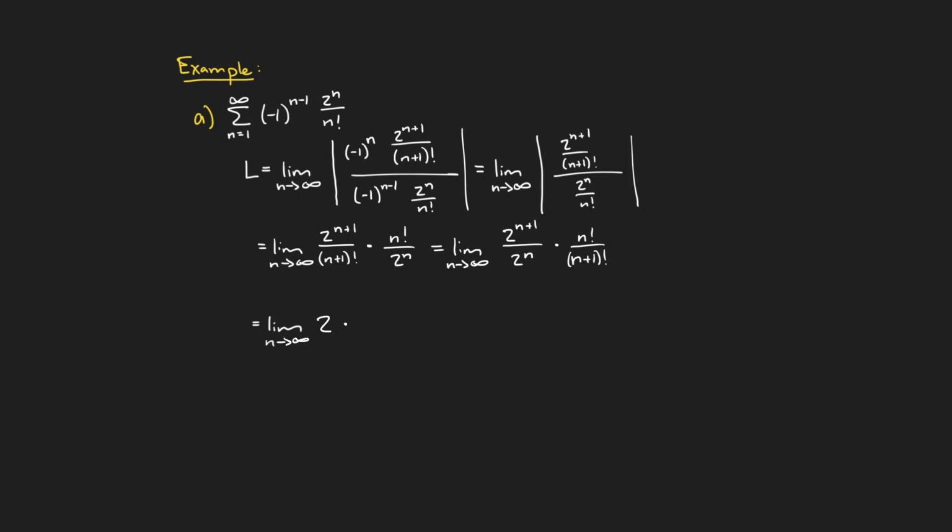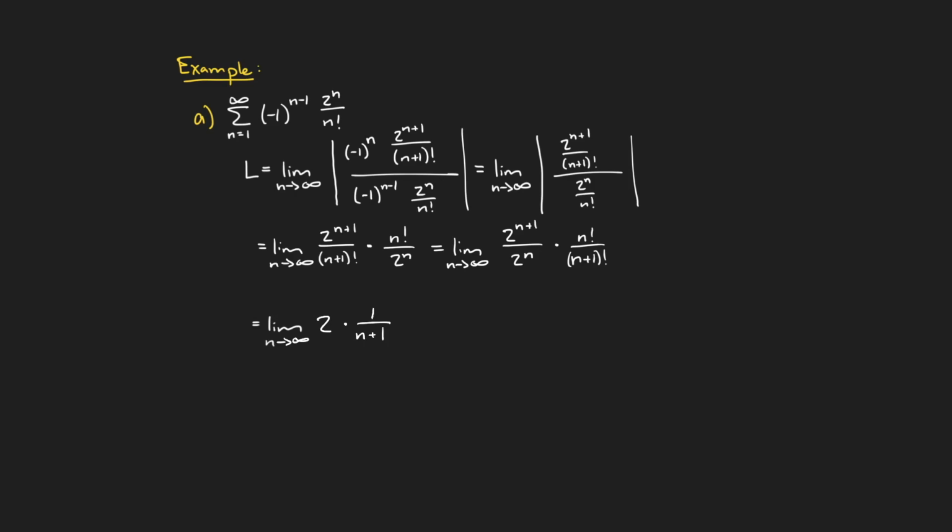And on the bottom, we have (n+1) factorial, which is 1 times 2 times 3 all the way up until n+1. So the only difference between the top and the bottom is that the bottom has an extra factor of n+1. Therefore, everything else cancels, and we are left with 1 over n+1.